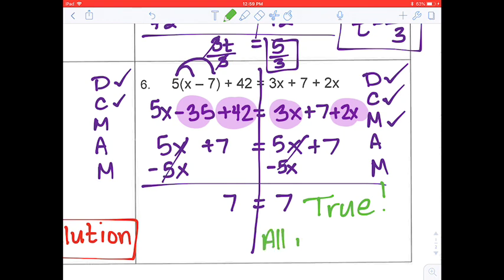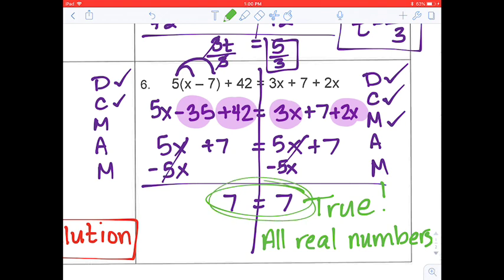I could plug in any real number and it would be okay. All real numbers is my solution in this case. I was left with an okay, happy, true statement with the same number on both sides. So it doesn't matter what I plug in because 7 will still equal 7 at the end.